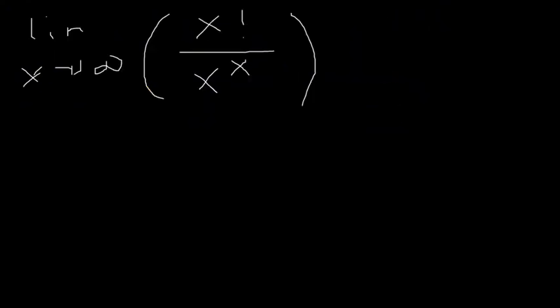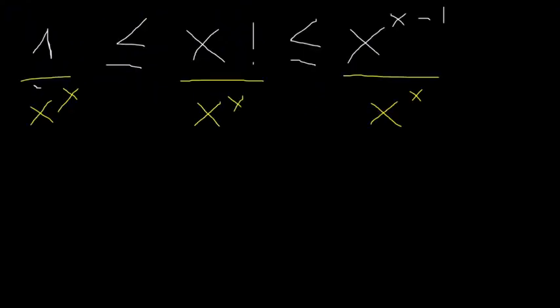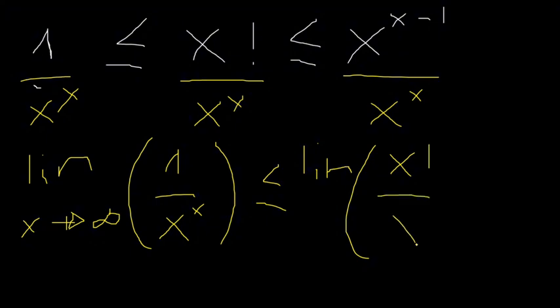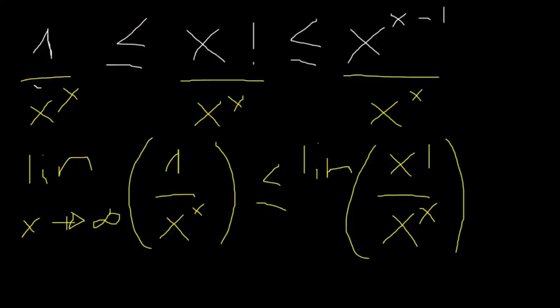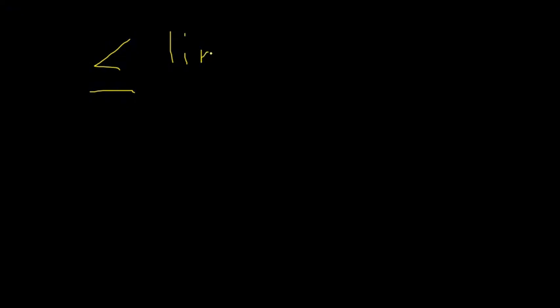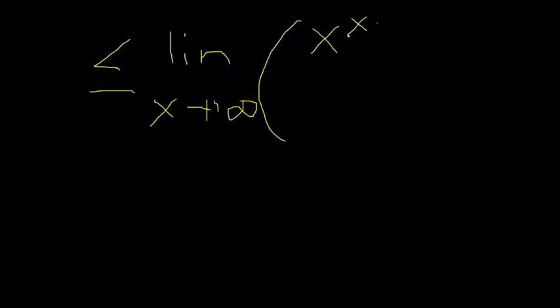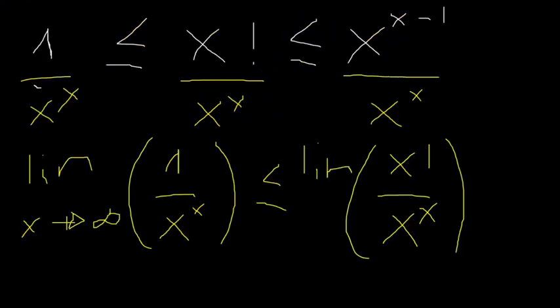If from here we introduce a limit, that will be the limit as x tends to infinity of 1 all over x to the power x, which is less than or equal to the limit of x factorial all over x to the power x, which is less than or equal to the limit as x tends to infinity of x to the power x minus 1 all over x to the power x.